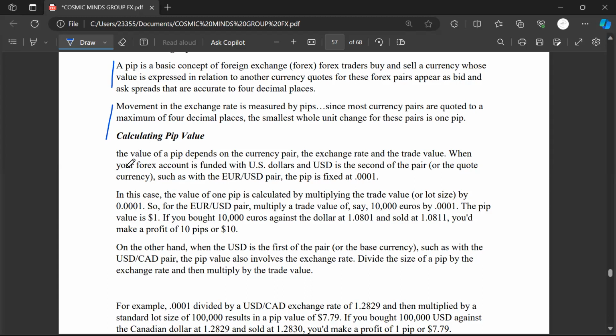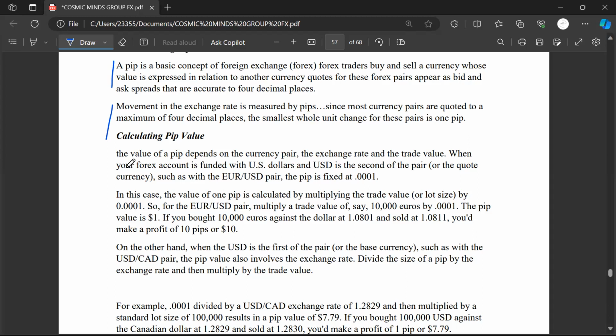Like if you travel 1 meter in normal life, how much is that 1 meter? If you cut a fabric of 1 yard, how much is it? It's a distance. The meter, how much is it? So that is what we call pip value.